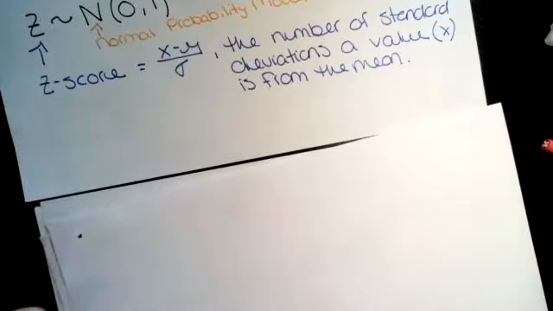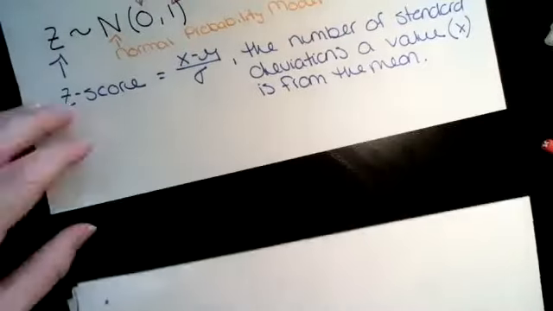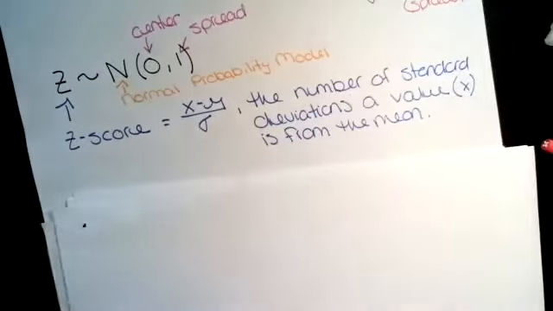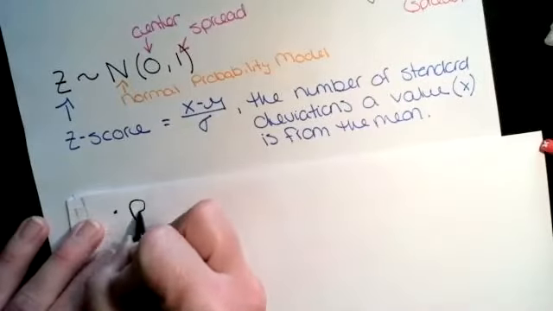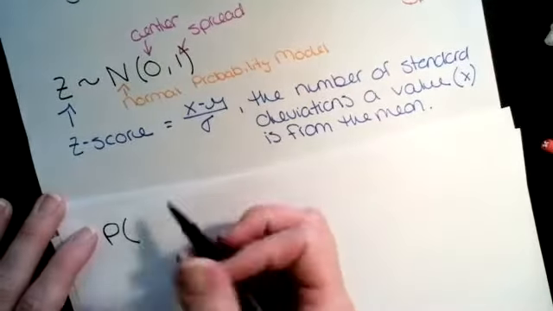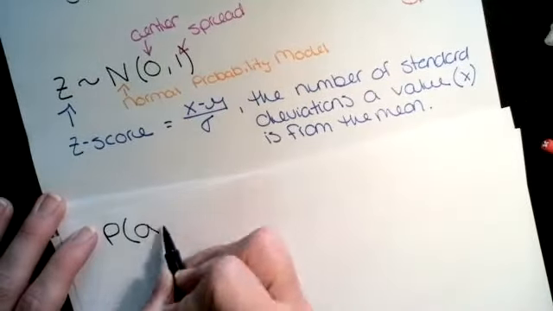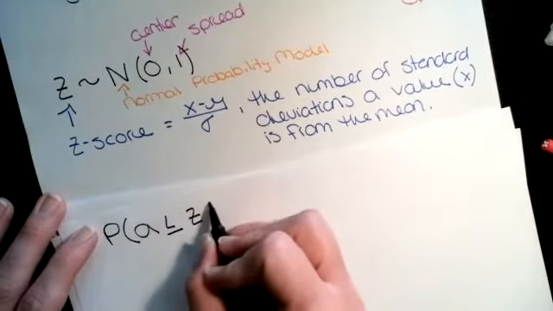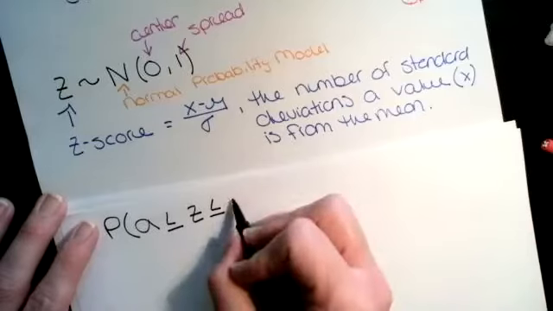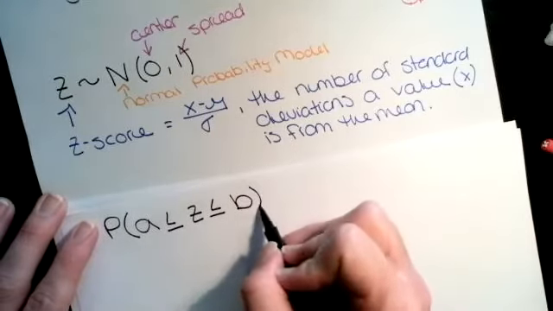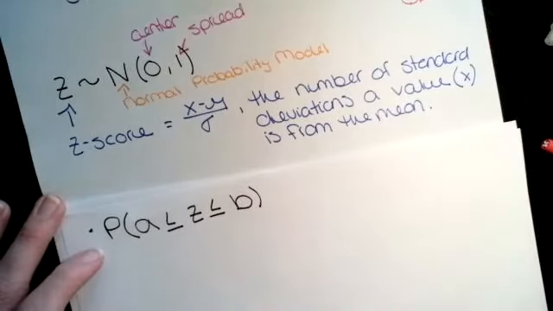So if we're looking at Z today, maybe A is my lower bound, less than or equal to Z, which is less than or equal to my upper bound, B. And if we're calculating this probability, we're going to do the same thing we did last class.